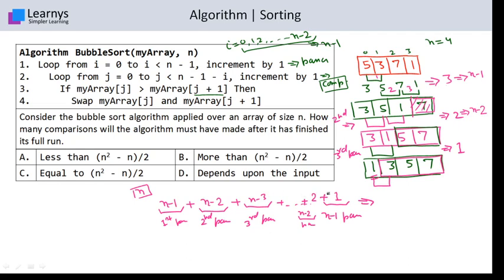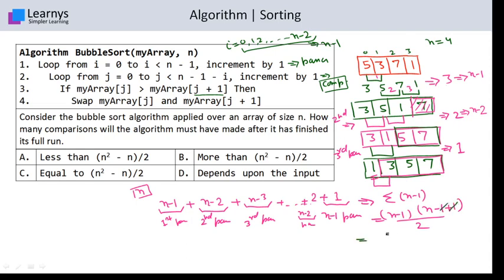Now we have to find the total number of comparisons, so we add all these terms. This becomes the summation of n minus 1, which is n minus 1 times n minus 1 plus 1, divided by 2. Here this 1 and this 1 will cancel out.